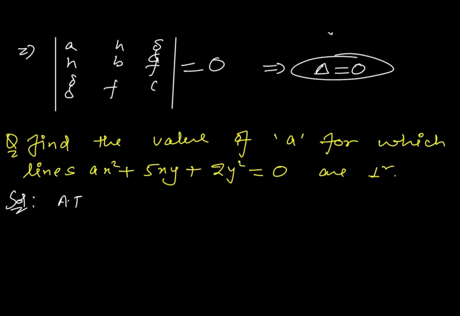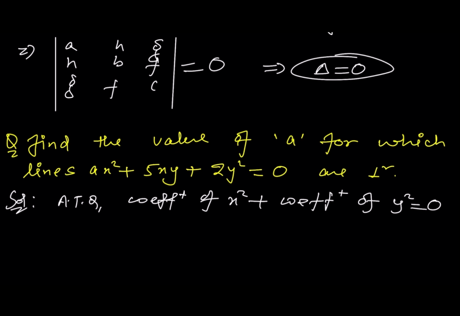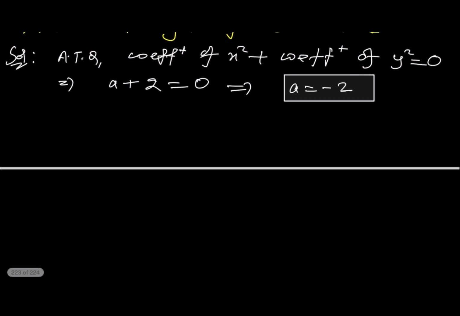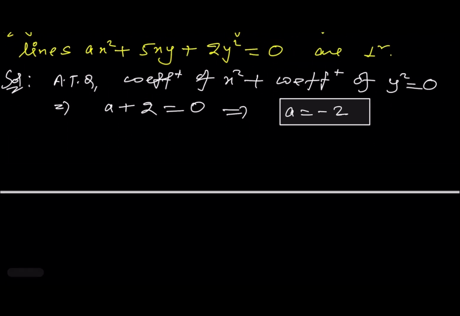So according to the question, a plus 2 is equal to 0, which implies a is equal to minus 2. Very good.